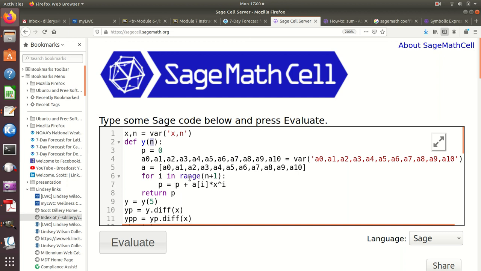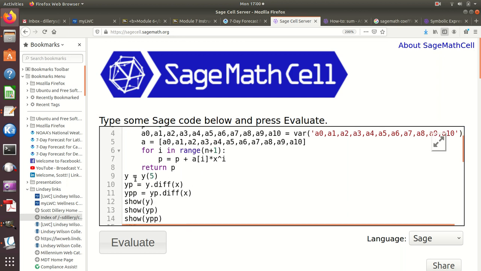But I could stop it at 5, and that's what I do right here. I say y equals y of 5. So I make my polynomial. Here I take its first derivative, and here I take its second derivative. And these are just polynomials, truncated power series.